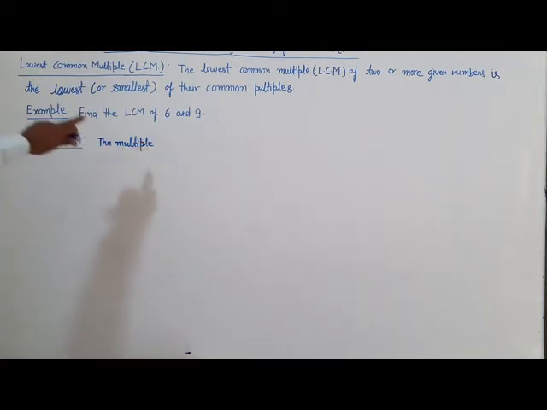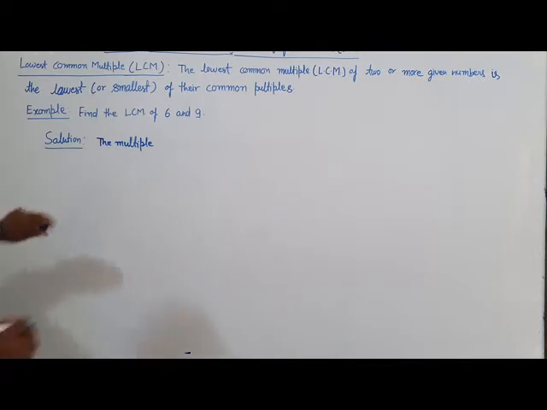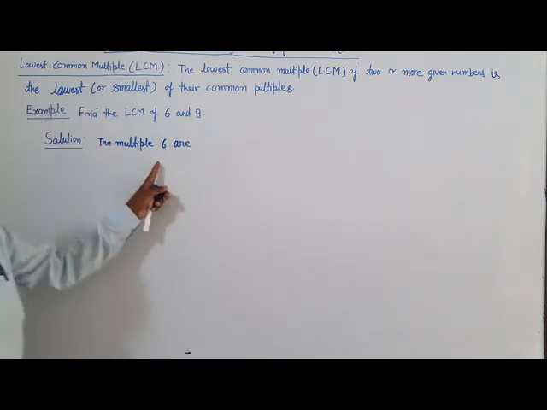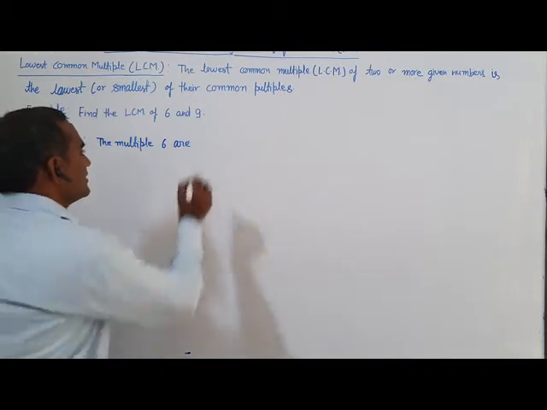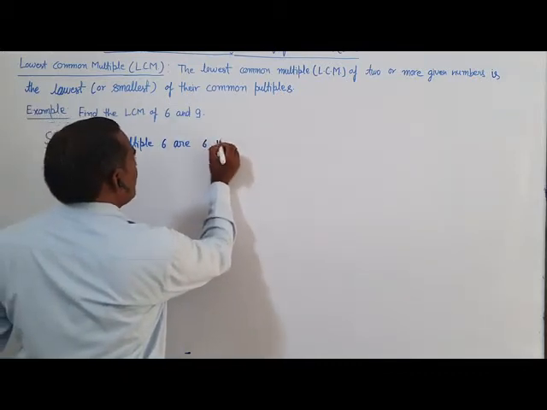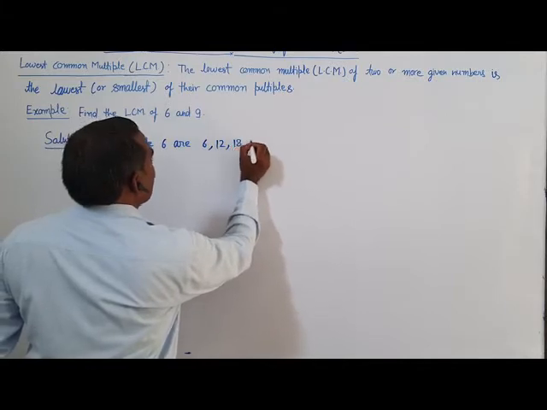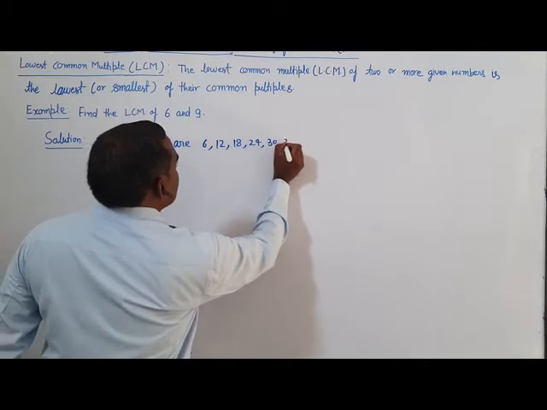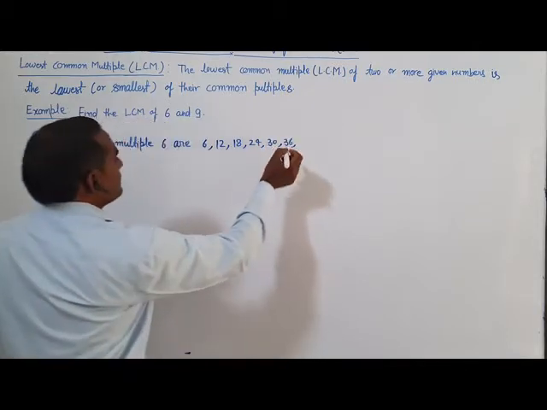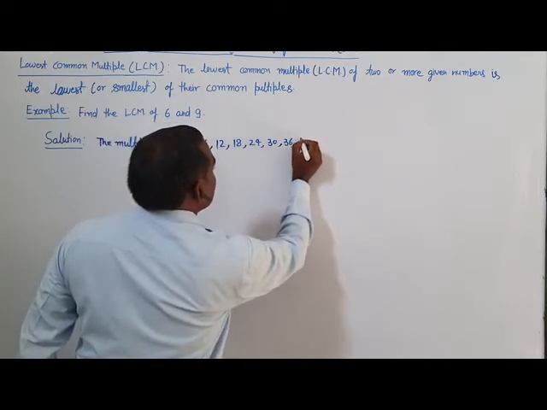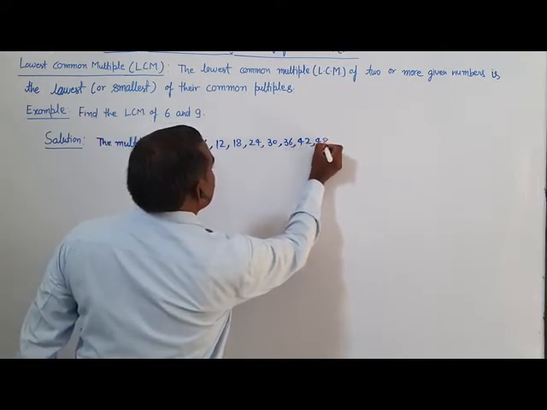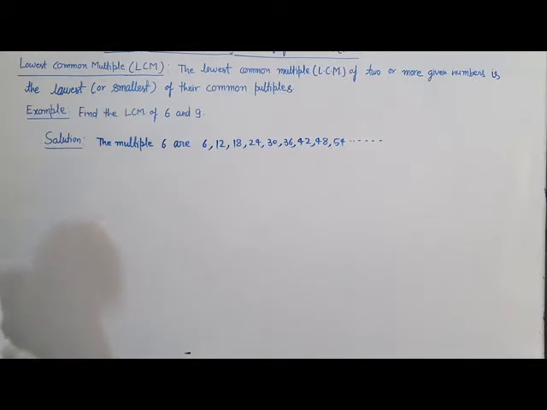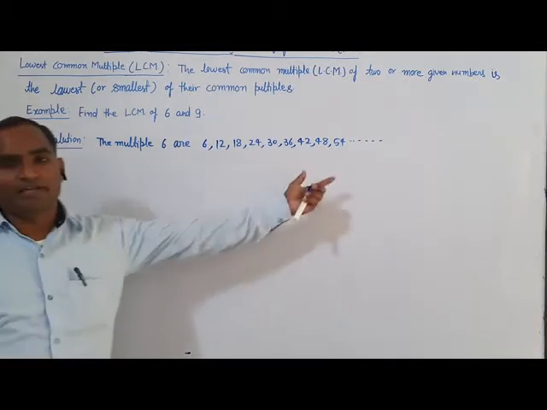You have to multiply 6 with natural numbers. 6 times 1 is 6, 6 times 2 is 12, 6 times 3 is 18, 6 times 4 is 24, 6 times 5 is 30, 6 times 6 is 36, 6 times 7 is 42, 6 times 8 is 48, 6 times 9 is 54. In this way you can continue, because the multiples of any number are infinite.